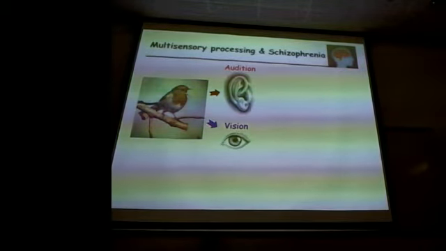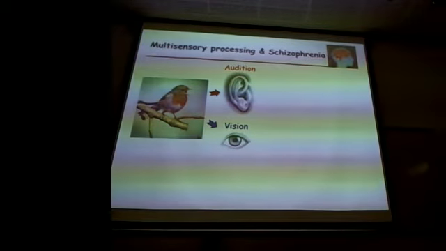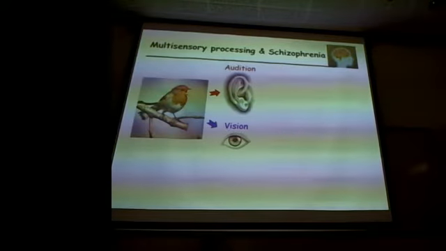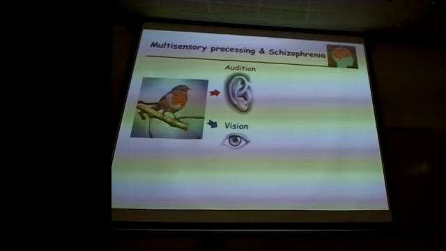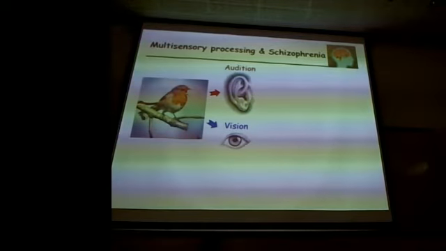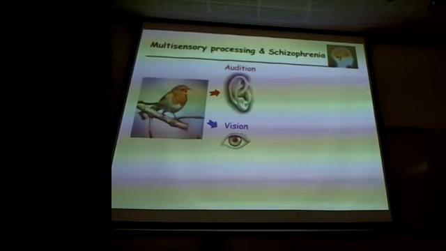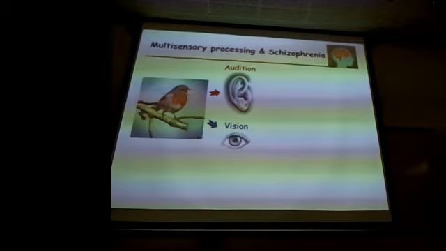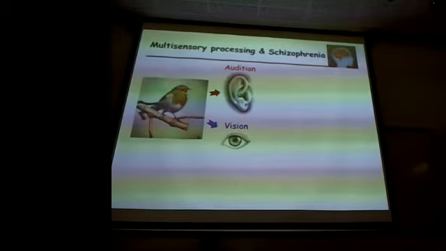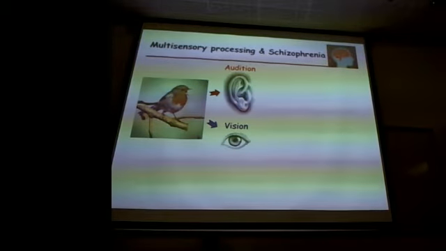And you still get the most robust multisensory response, which means that it's a response that is greater than either unisensory response. So if you just add the responses between audition and vision, a multisensory enhancement means that it's greater than the sum of those two, right?